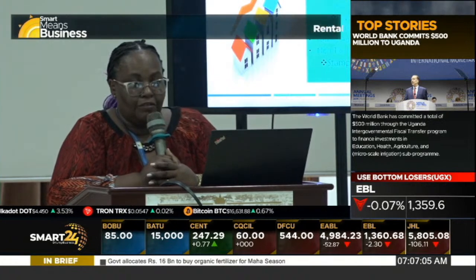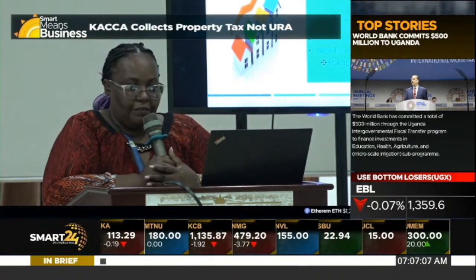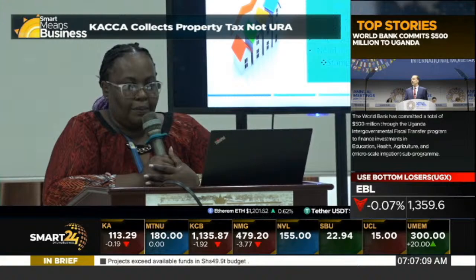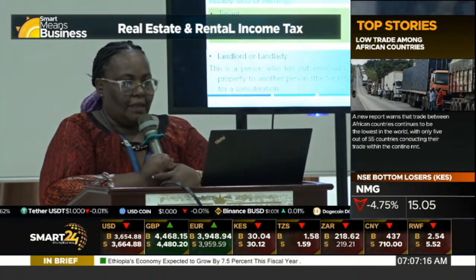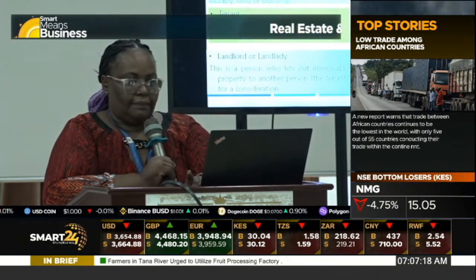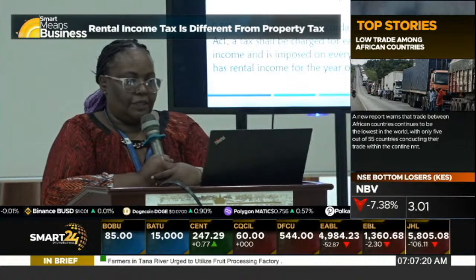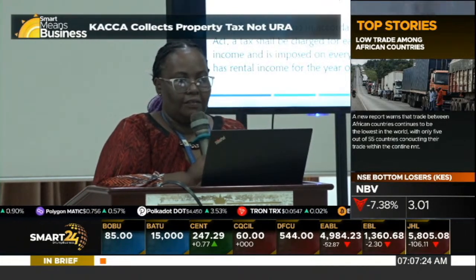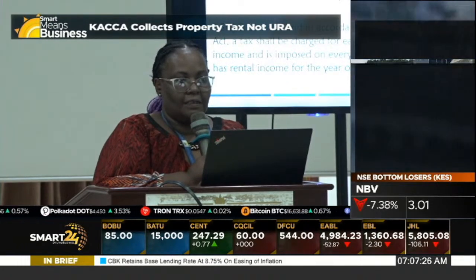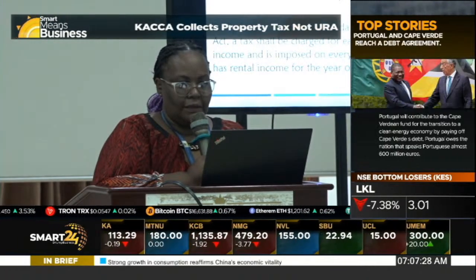It's the total amount of rent that you derive from letting out immovable property within Uganda. That's land and building. So we have definitions of rental tax. These are premised in Section 5 of the Income Tax Act, Cap 340.